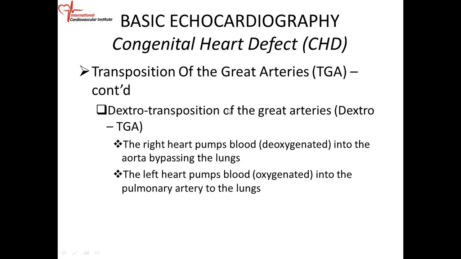So with D-transposition of the great arteries, as we said, just think of it as the arteries are reversed. So the right heart pumps blood into the aorta, bypassing the lungs. So the pulmonary artery is now coming out of the LV, and it's going to take oxygenated blood.